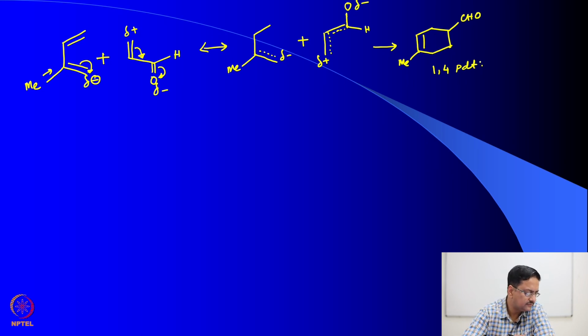Similarly, let us try to see one example where we should think about whether it should be the endo product or the exo product, and how the reaction should give you one compound out of two possible compounds.